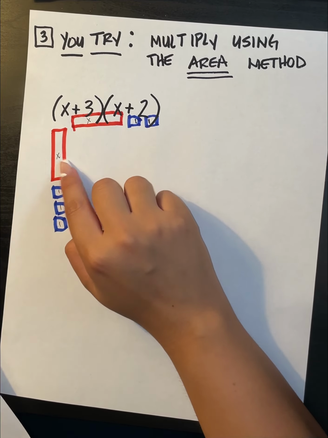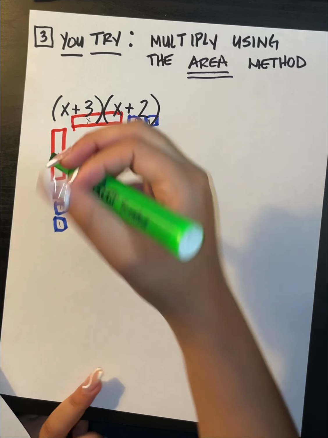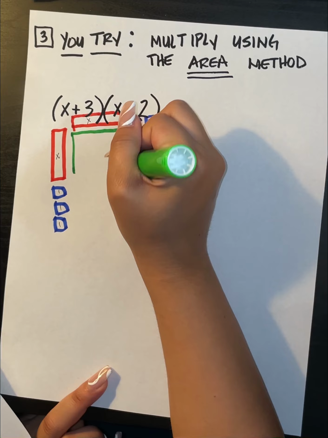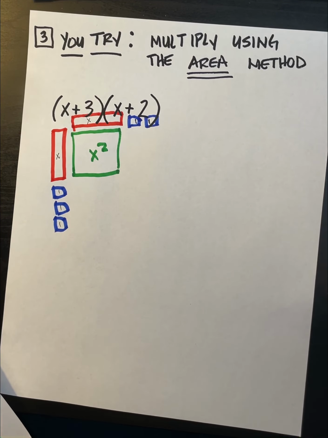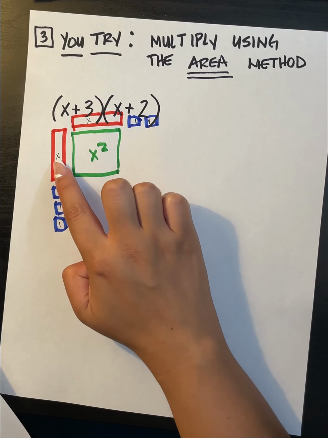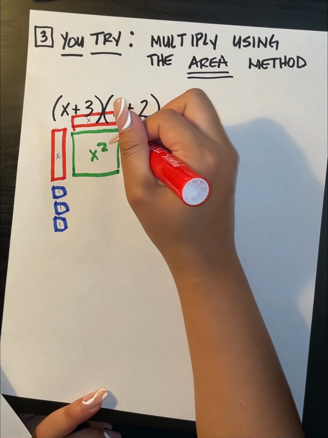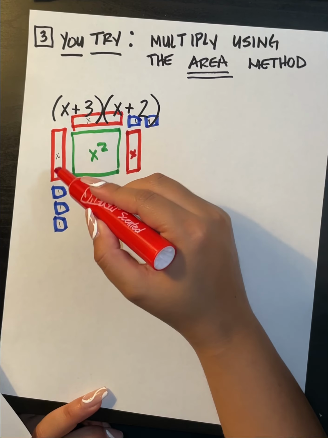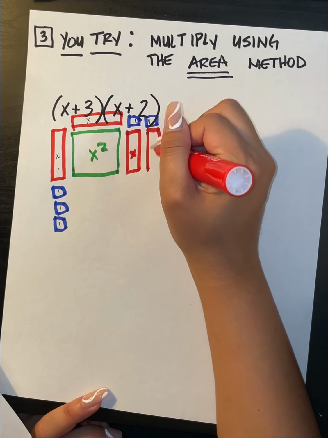Okay, so x times x, what is that? x squared. And then we'll go right here, x times 1 is x. And again, x times 1 is also x.